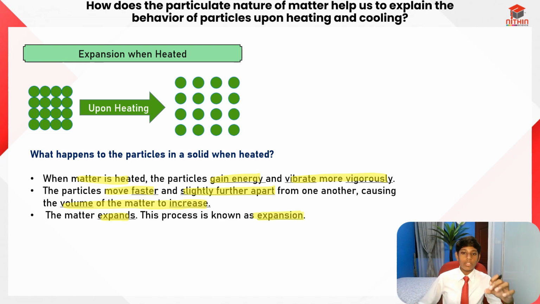So this is the behavior of particles when they are heated. Basically, when matter is heated, the particles gain energy and vibrate more vigorously, and the particles move faster and slightly further apart from one another, causing the volume to increase. The matter expands. This process is known as expansion. So I hope you understood this. Now let's move on.